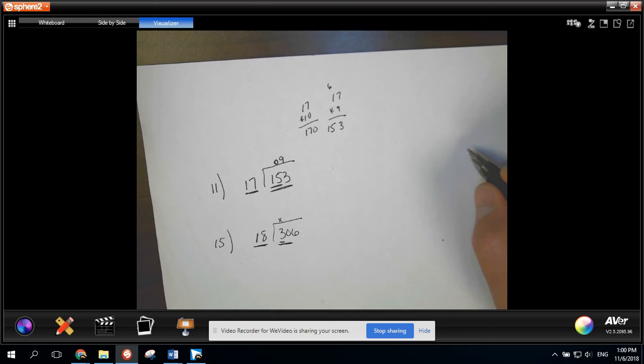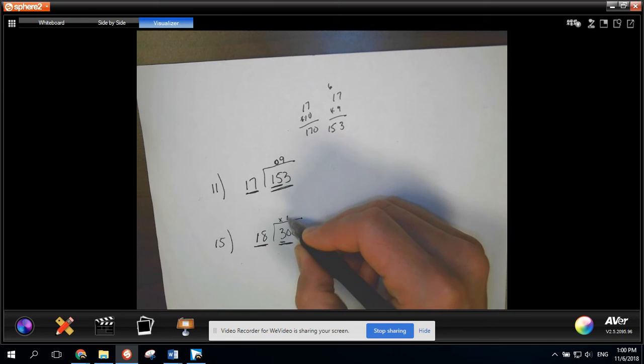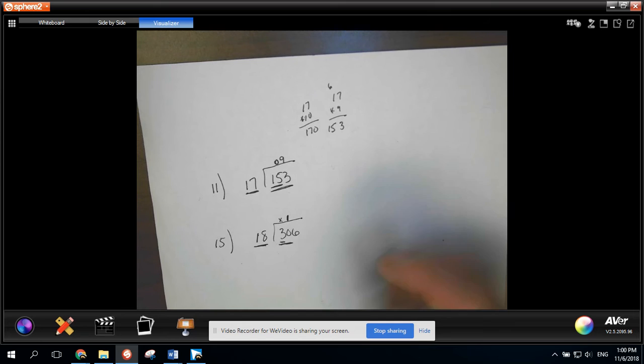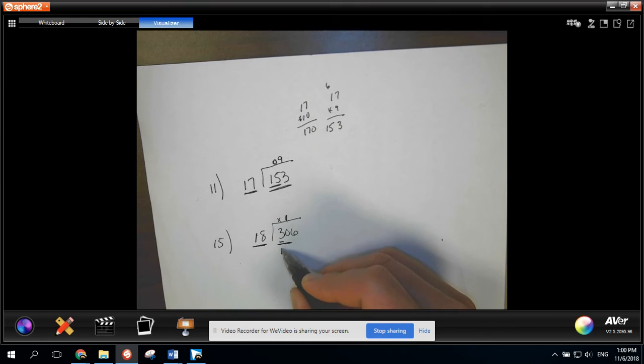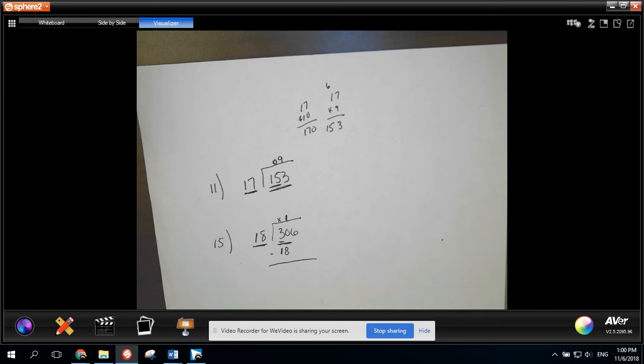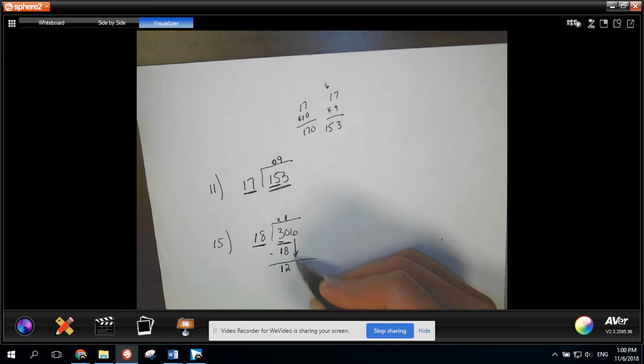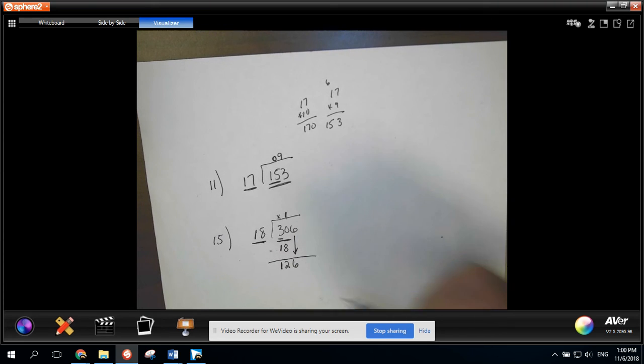So 18 is going to go into 30 one time. And then we do 1 times 18 is 18. And then we subtract, right? So we're going to take away 18 from 30, gives me a 12. And then I bring down what's left, a 6 here.